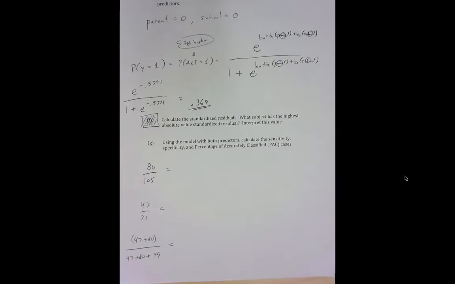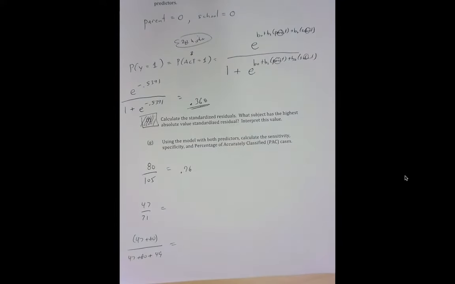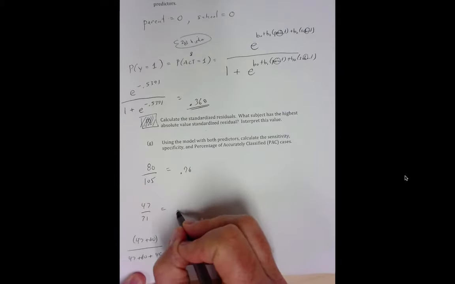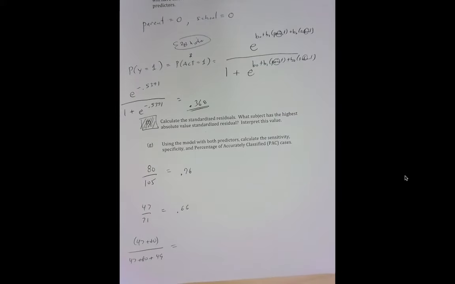So 80 divided by 105 gives a sensitivity of 0.76. And 47 over 71 is 0.66. And percentage of accurately classified cases is what? 127 divided by 127 plus 49.